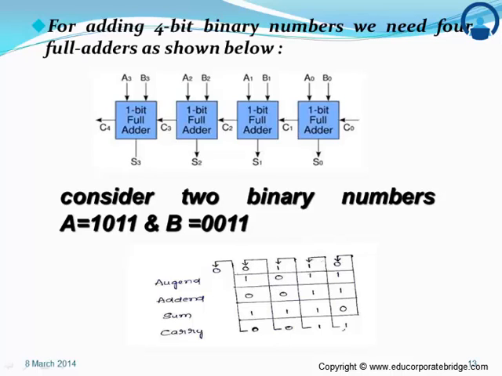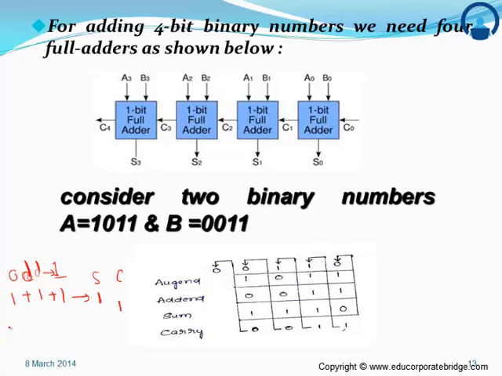So in short, if we go through the addition process, we can say the addition goes like this. If there are odd number of ones, like for example, if odd ones are present, then addition will be 1 plus 1 plus 1, the sum will be 1 and carry will be 1.